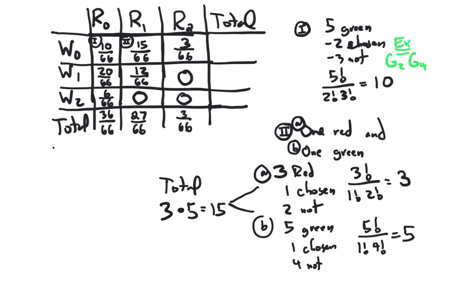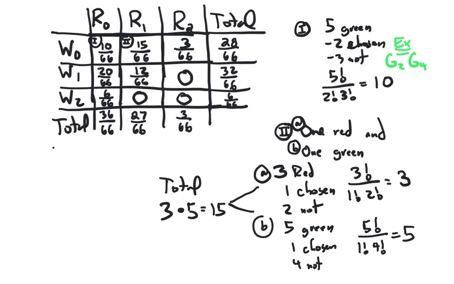And let's go across this way. Let's do the probability of drawing exactly 0 whites, irrespective of the color of the other marbles. So that is 25 plus 3 is 28 over 66. Then we have 20 plus 12 is 32 over 66. And finally 6 over 66.